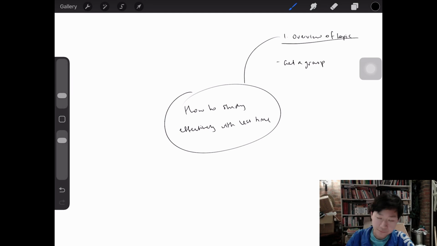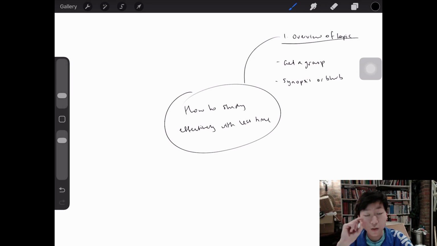And another thing you can do, maybe if you're reading a book, is look for a synopsis or a blurb. And I also think it's really helpful because you basically get to see the key points and I would guess the basic plot overview of the story, and it gives you an idea about what the thing is about.